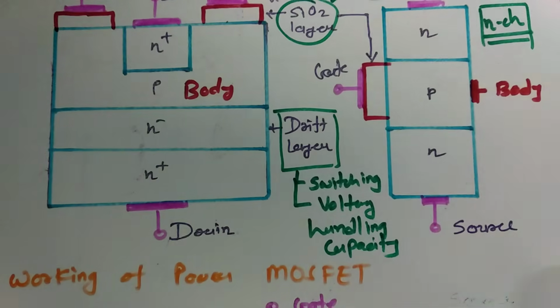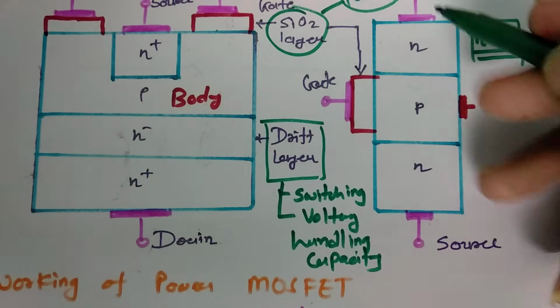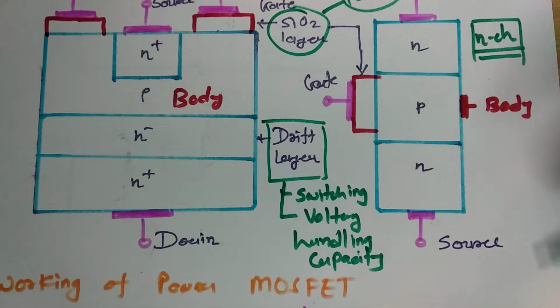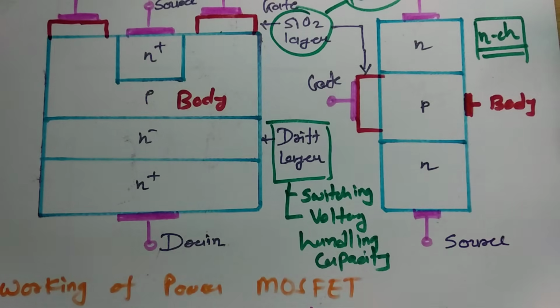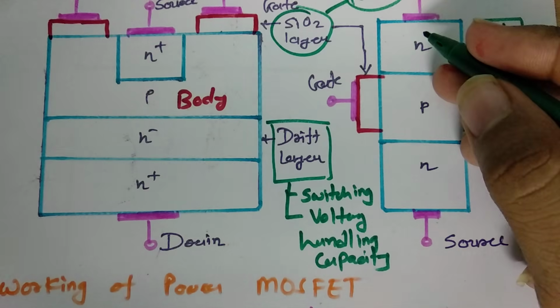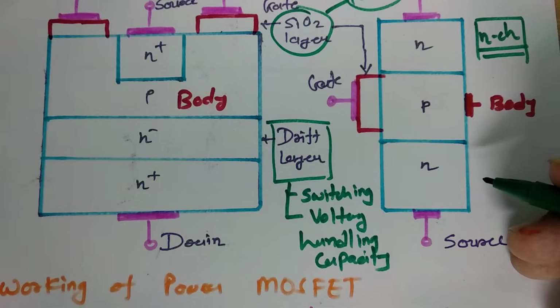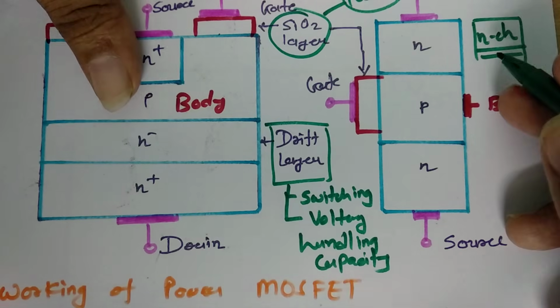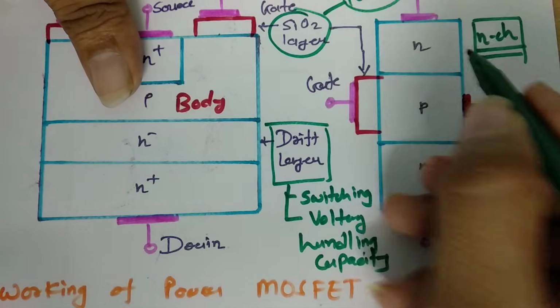And this is a simplified diagram of power MOSFET, where there is an n plus layer, and at the side of drain there is an n minus layer, the drift layer.